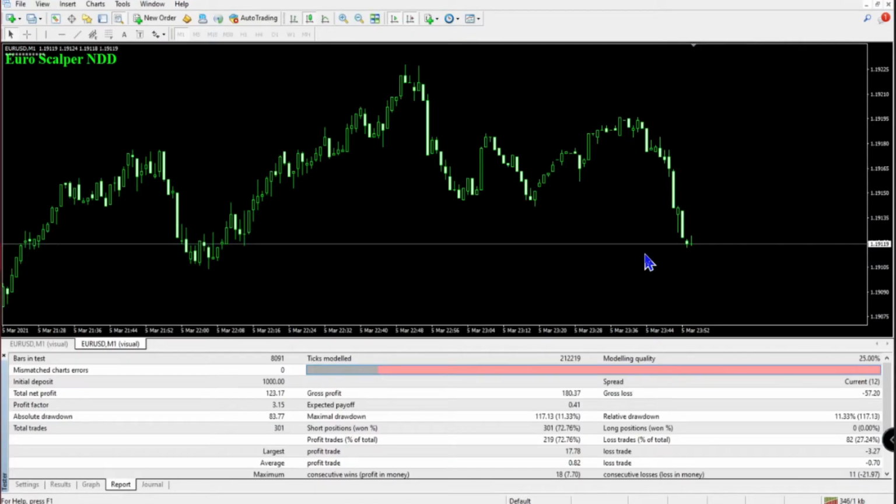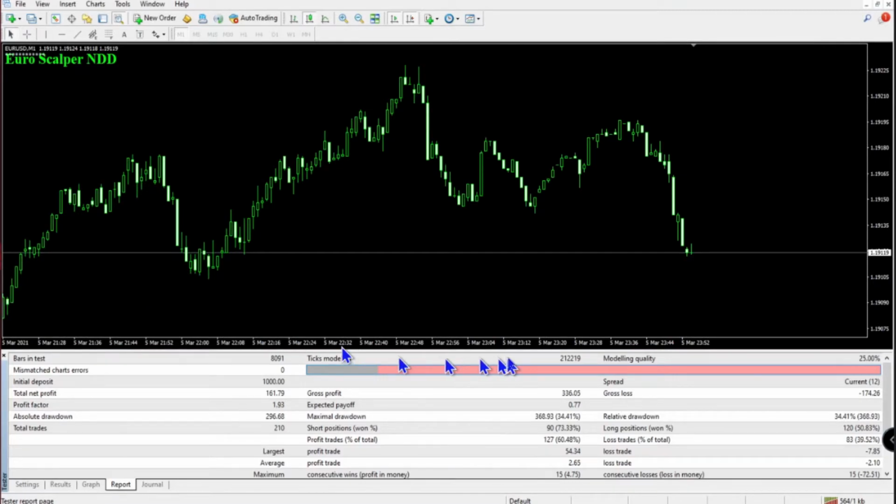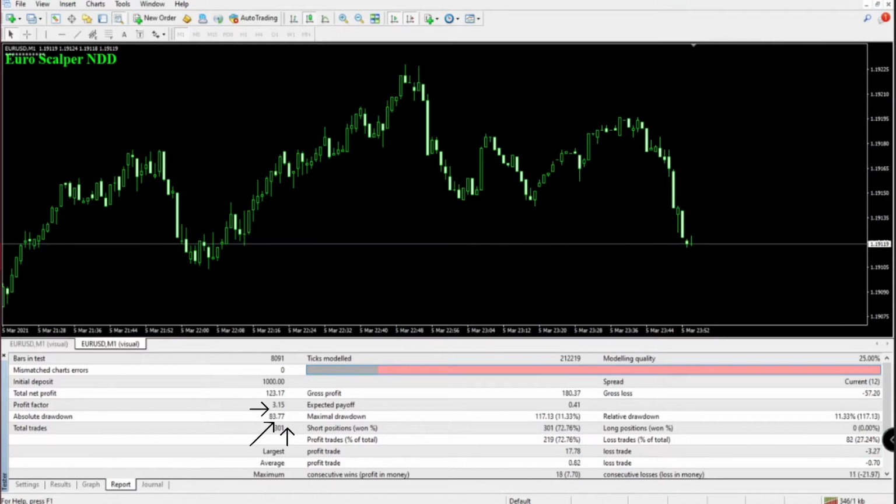So as you can see now, your drawdown is a lot lower than your total net profit, and this means that your profit factor goes up from 1.93 all the way up to 3.15.